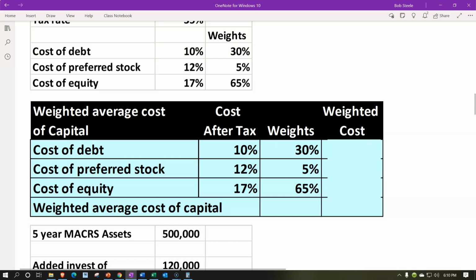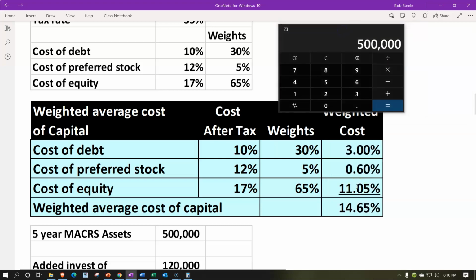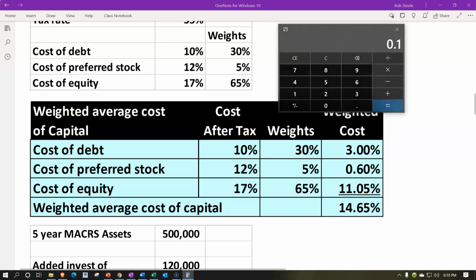Multiplying these out, I'll do it with the trusty calculator here just for the fun of it. We take the 10% times the 0.3. One more time, 0.1 times 0.3 gives us 0.03 or 3%. If we take the 0.12 times the 0.05, we get 0.006 or 0.6%.